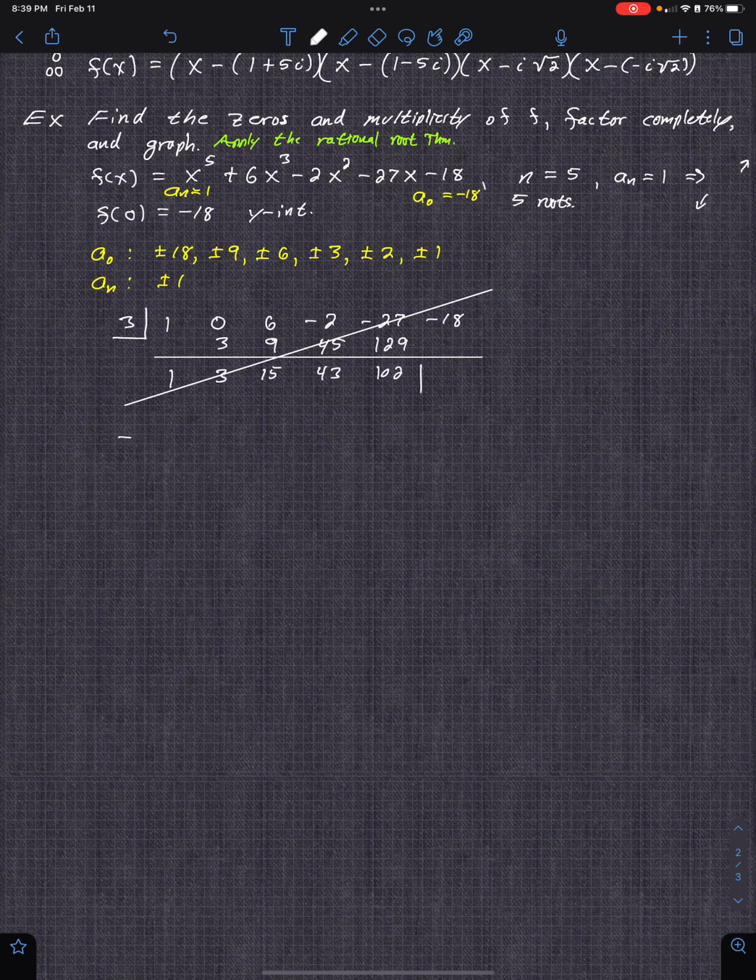Let's suppose you tried negative 1. And so you would just try the next one, you know, 6. I mean, you try kind of the middle ones usually first. All right, so write all those down. 1, 0, 6, negative 2, negative 27, negative 18.